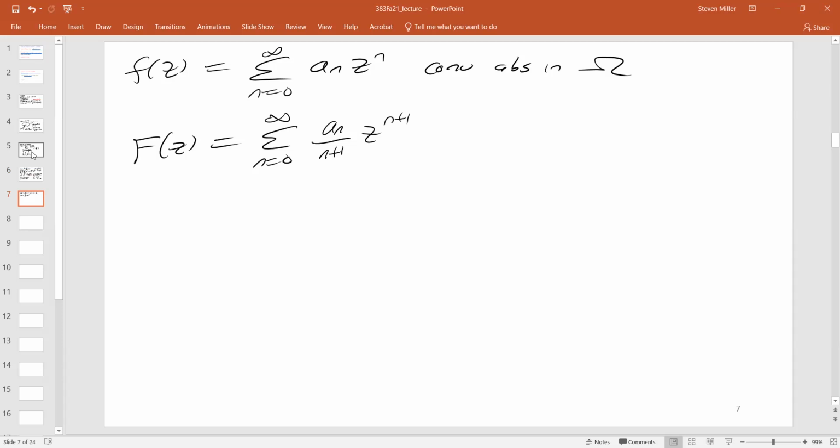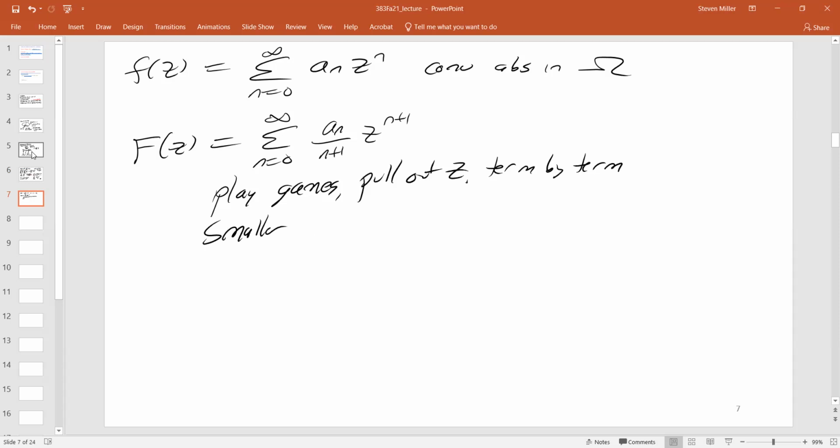Yeah, basically, if you just pull out a z, you play games, term by term smaller in absolute value. So it converges. Yeah, this is the extra n plus 1.